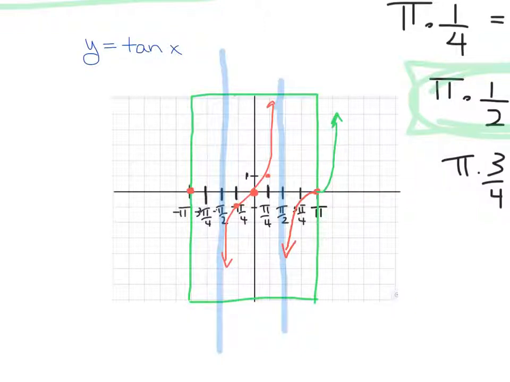And then over here, this would be in my green box, but this is out. So if you wanted to show that it takes on the same shape. So I really didn't need to show the green outside. My graph of the tangent function that's within the period is just the red.